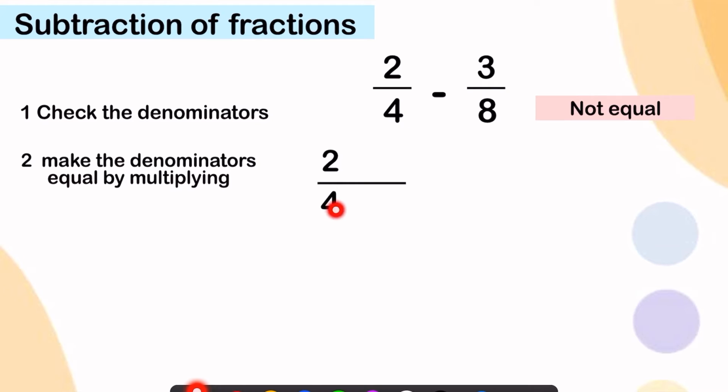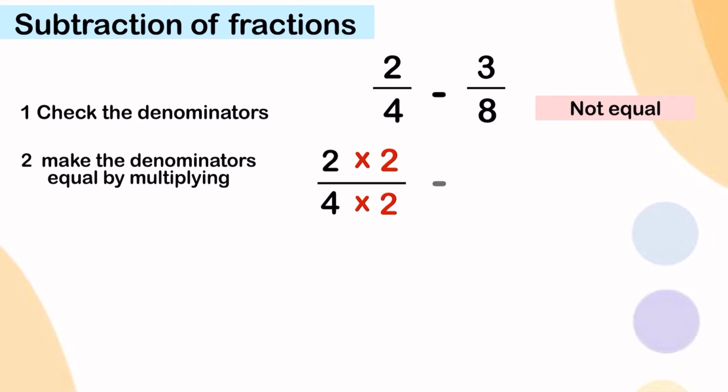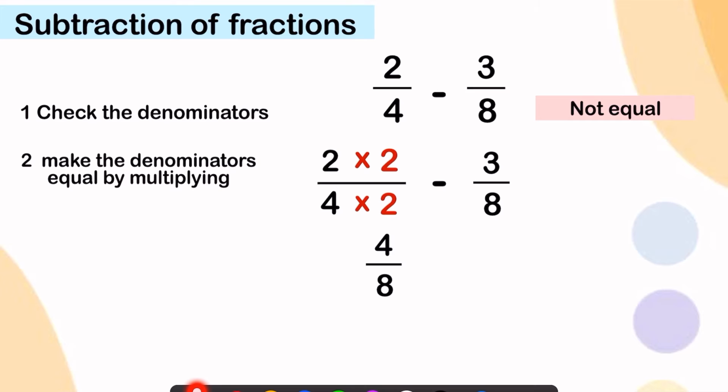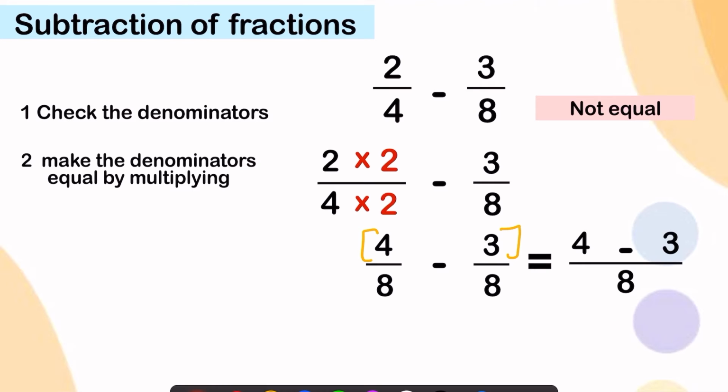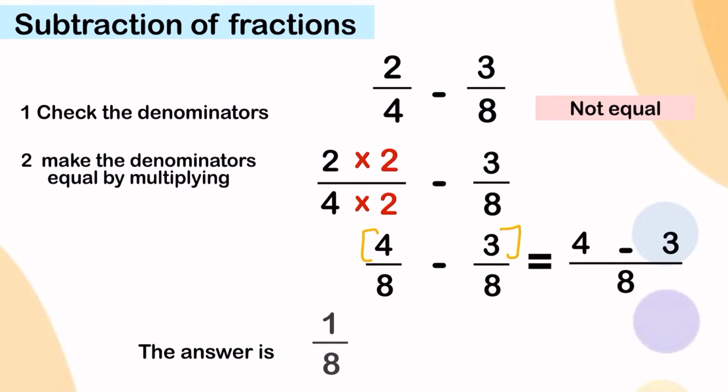I multiply 4 by 2 and multiply 2 by the same number. And now, from 2 over 4, I get 4 over 8 minus 3 over 8. And that's it. You keep the denominator for your answer and subtract the numerators. 4 minus 3 equals 1. So the answer is 1 over 8.